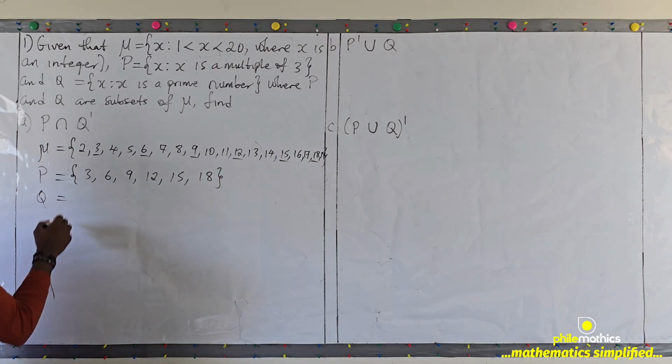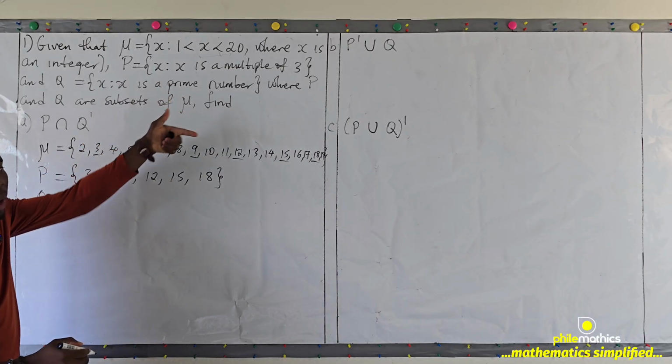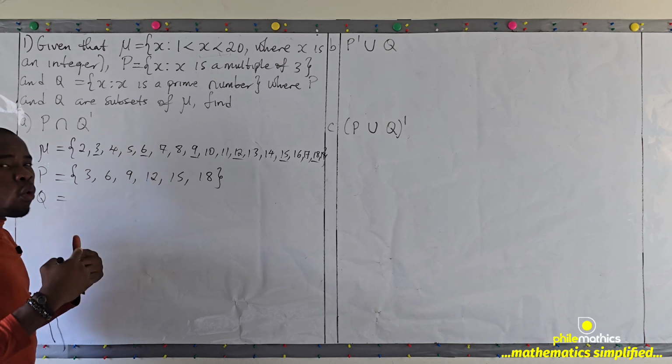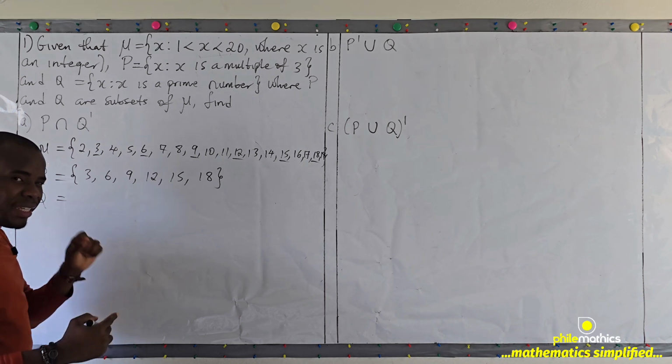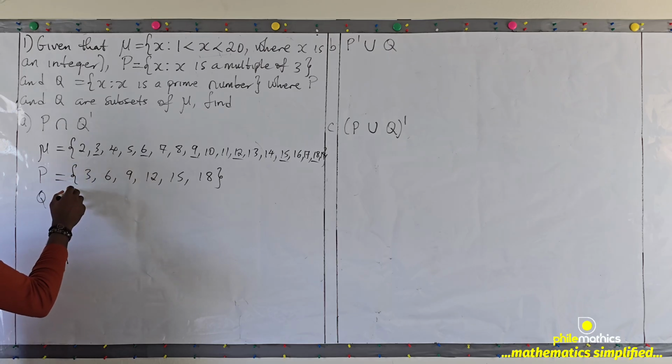And q stands for x such that x is a prime number. Remember, prime numbers are those numbers that have only 2 factors, itself and 1, and it starts from 2.